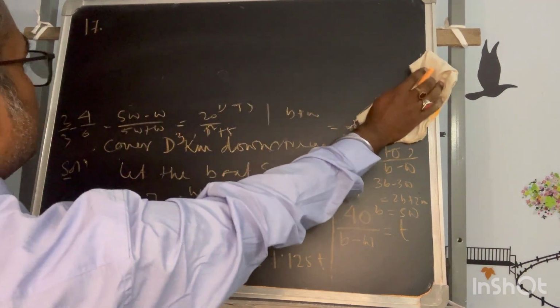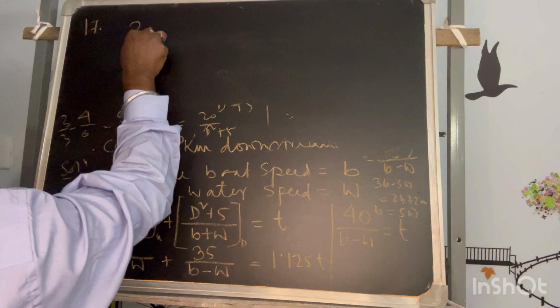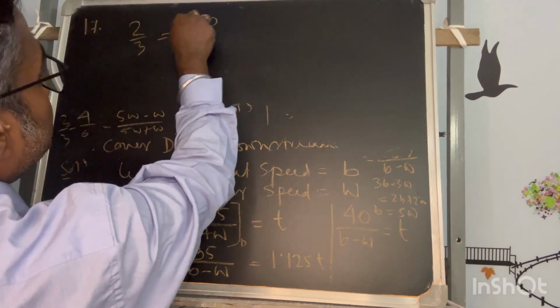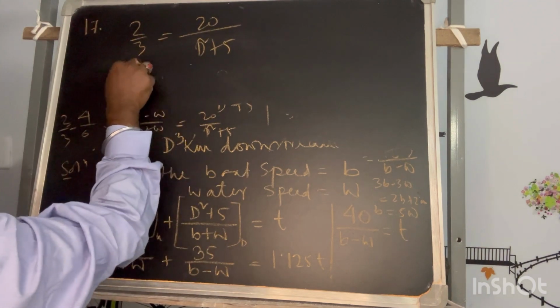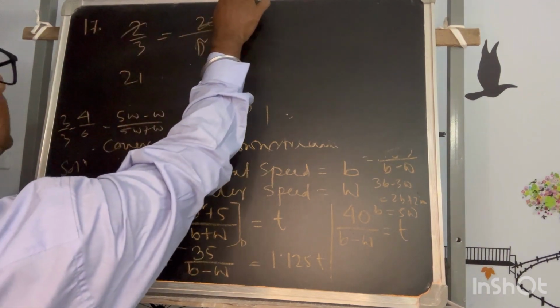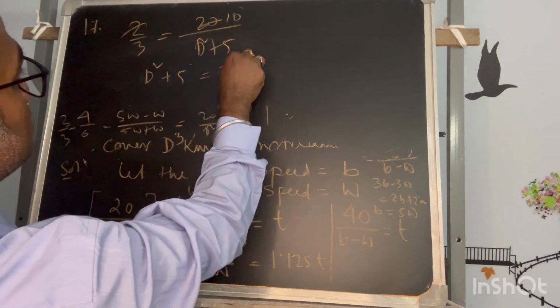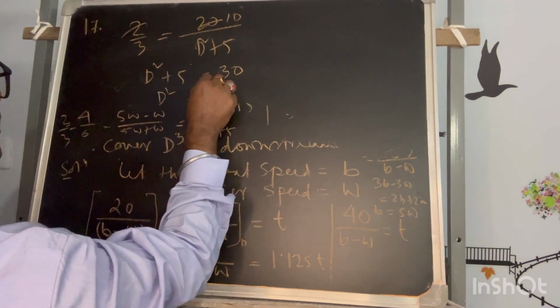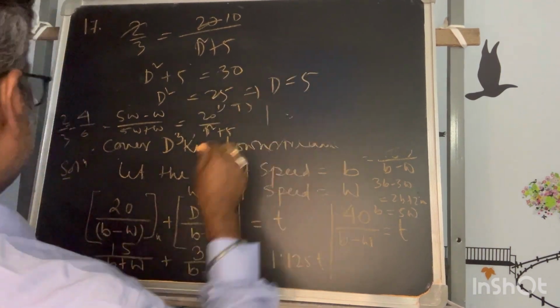So 2 by 3 is equal to 20 by d squared plus 5. Ultimately, 2 can be cancelled, 10. So ultimately d squared plus 5 is equal to 30. So d squared is equal to 25. So from there d is equal to 5.